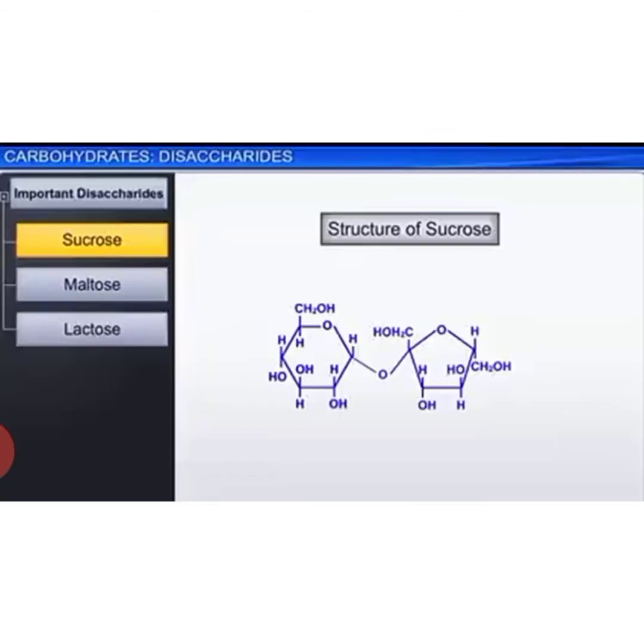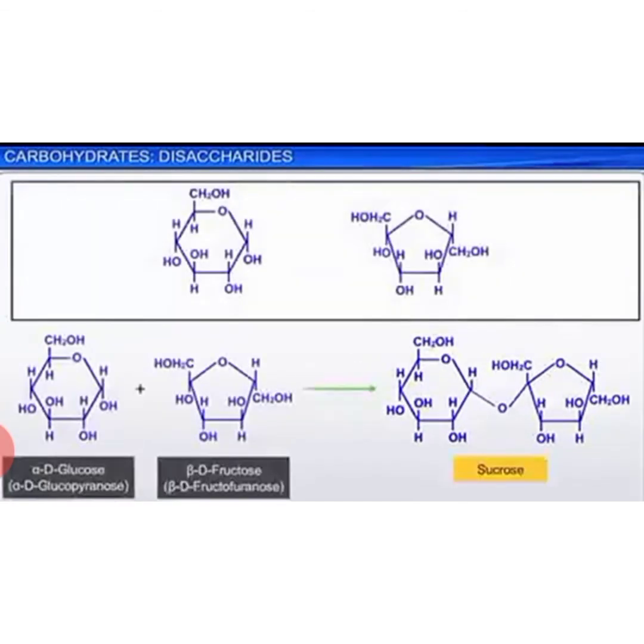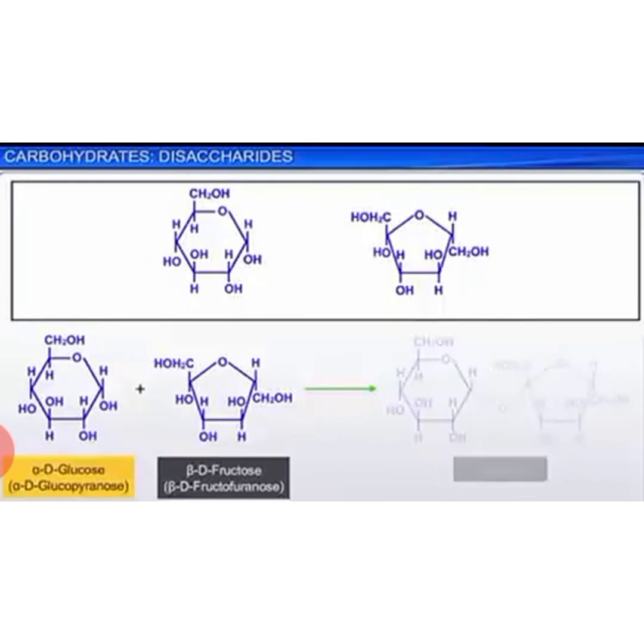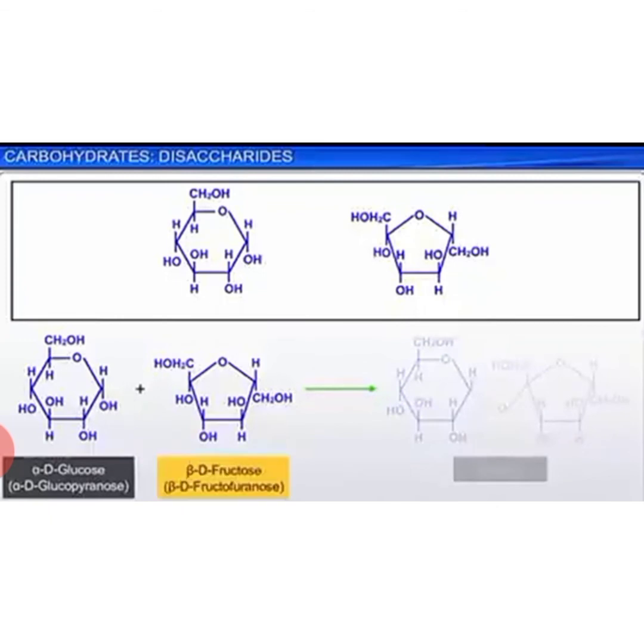Let's look at the structure of sucrose in greater detail. Sucrose is made up of one unit of glucose, specifically the alpha-anomer, alpha-D-glucopyranose, and one unit of fructose, specifically the beta-anomer, beta-D-fructofuranose.